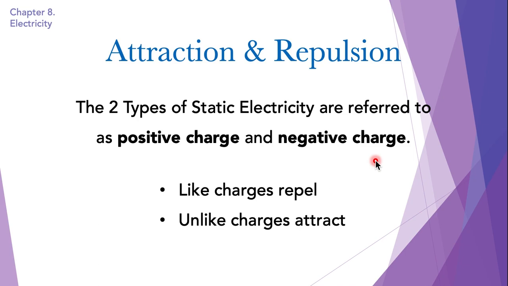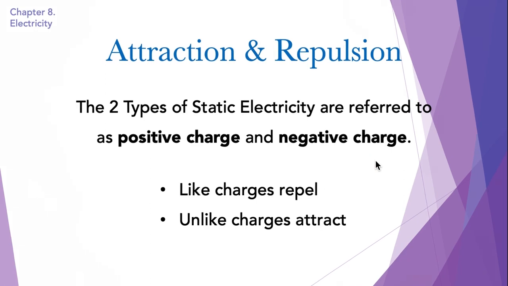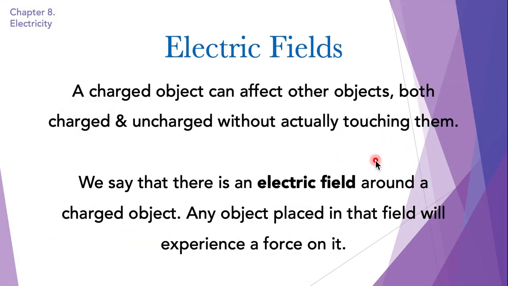So now let's look at what electric fields are. A charged object can affect other objects, both charged and uncharged, without actually touching them. So we say that there is an electric field around a charged object, and any object placed in that field will experience a force on it.